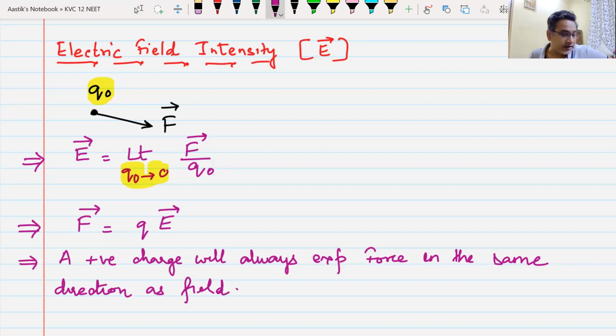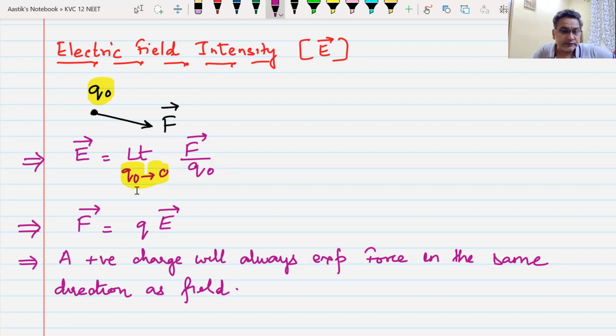So a positive charge, if you put it in an electrostatic or electric field, will experience force in the same direction as that of the field. But a negative charge will experience force in the opposite direction. Do we understand this? Yes, sir. Okay.